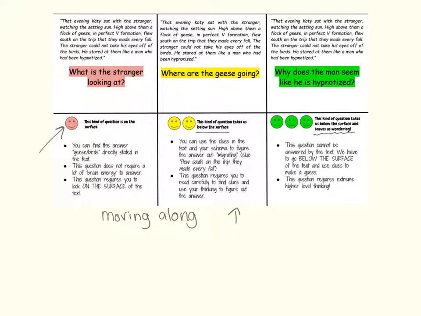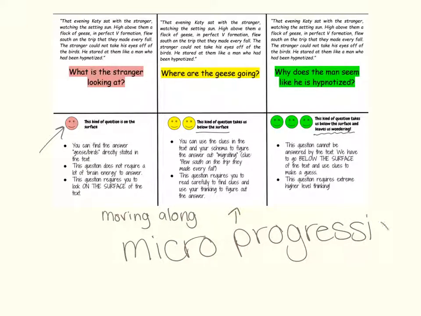This chart or tool is something that I learned about recently when I did some work with other teachers. And it's something that we call a micro progression. I'll explain.